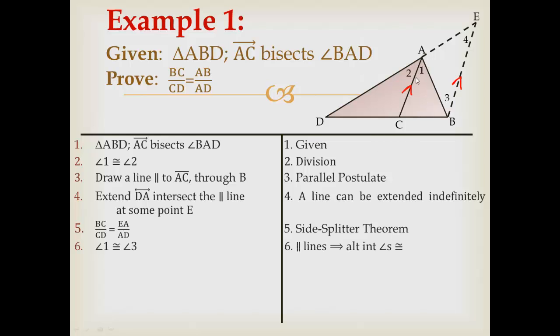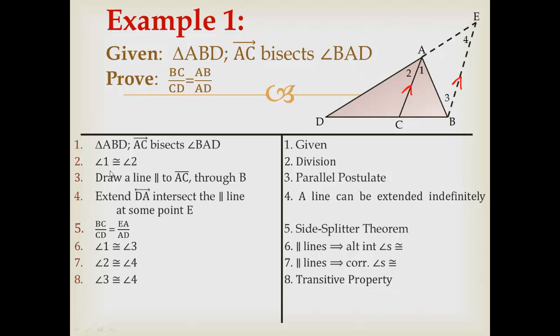We could then say that angle 1 is congruent to angle 3 because if we have parallel lines, then alternate interior angles are congruent. We could say that angle 2 is congruent to angle 4 because if we have parallel lines, then corresponding angles are congruent. And angle 3 would be congruent to angle 4 by the transitive property.